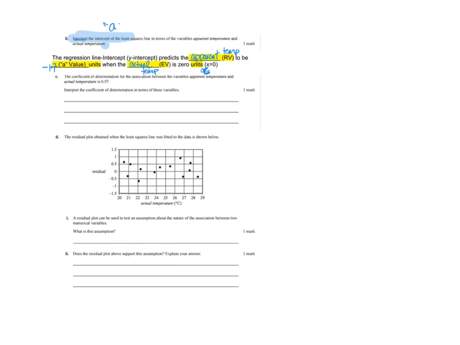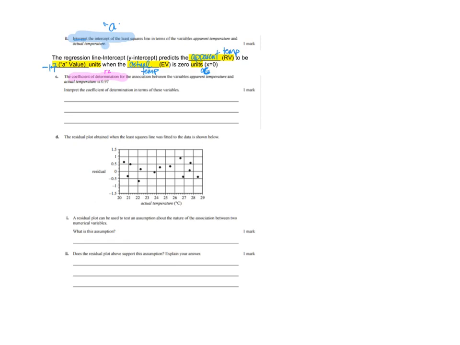Okay, then the next question, they're asking the coefficient of determination. Remember, that's R squared. Between the variables and temperature is 0.97. Interpret this. So you need to go get your blurb for R squared.